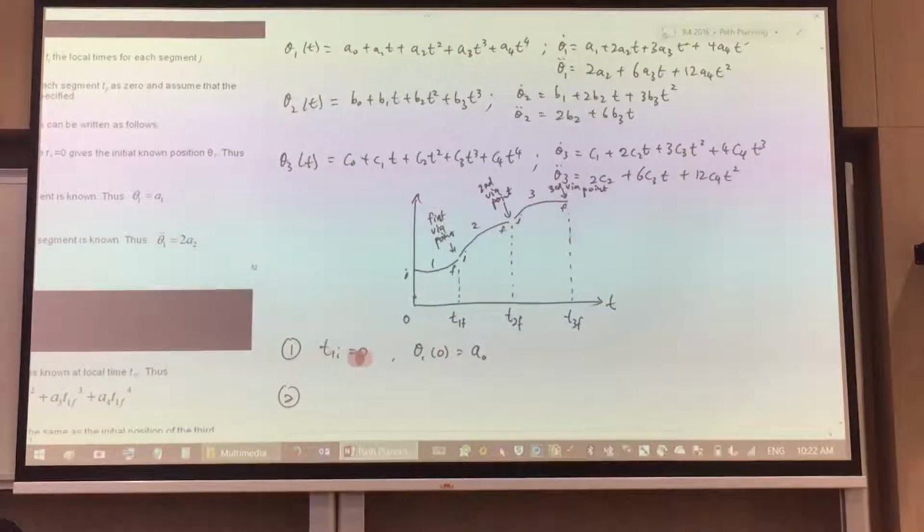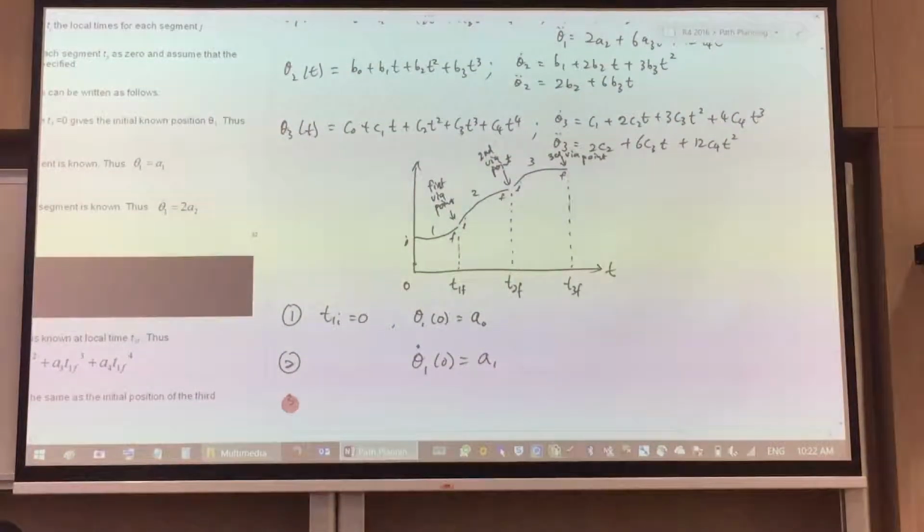Second boundary condition, my velocity at that initial position will be equal to substituting 0 over here, you get A1.